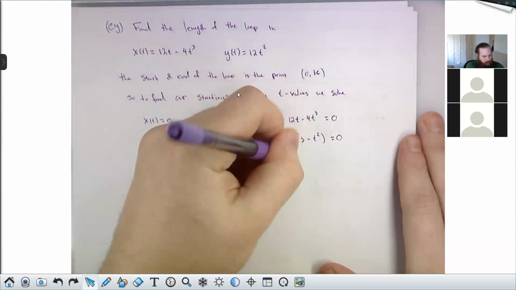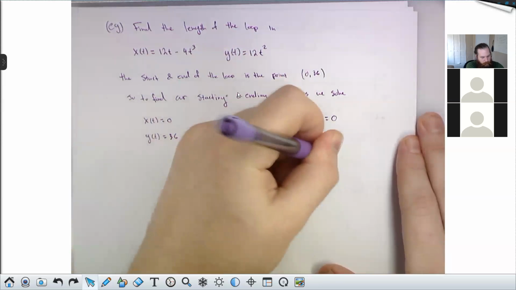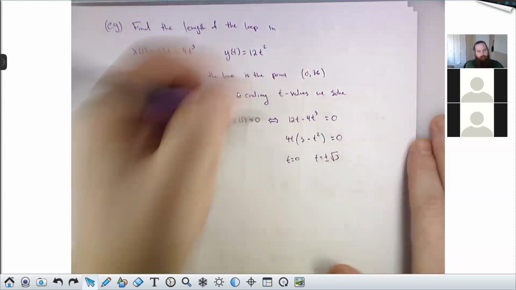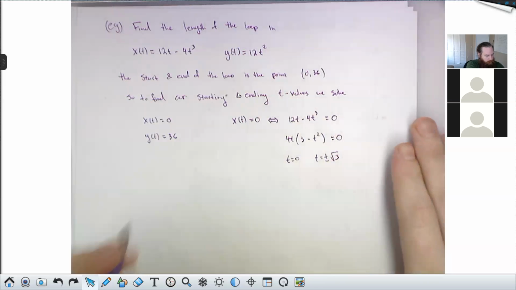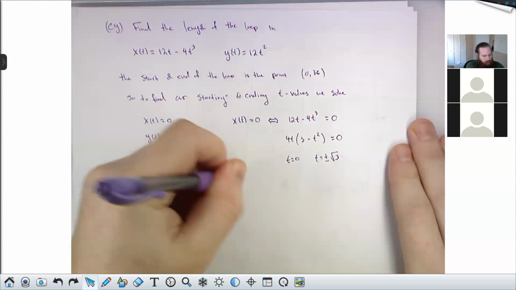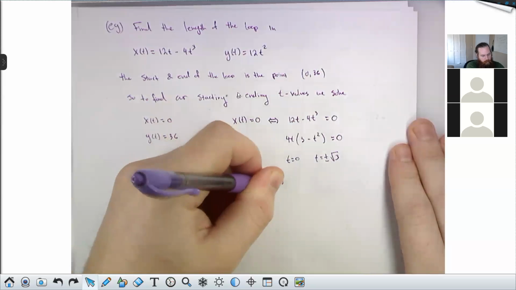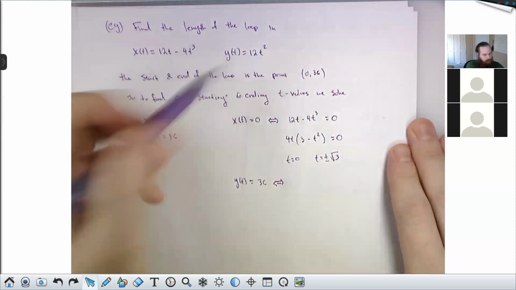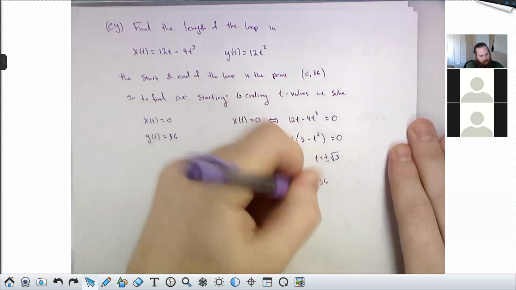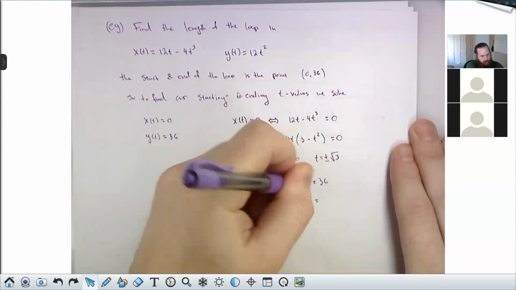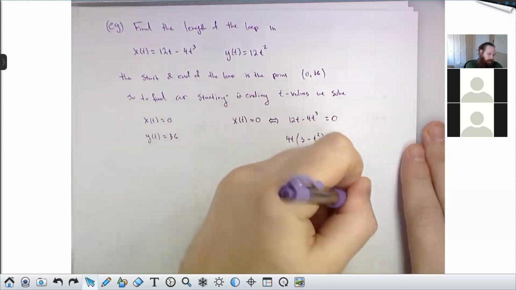So this is going to have the solutions t equals 0 and t equals plus or minus the square root of 3. On the other hand, y of t is equal to 36 if and only if 12t squared equals 36. That's the same as saying t squared equals 36 divided by 12, which is 3. So t here has to be plus or minus root 3.